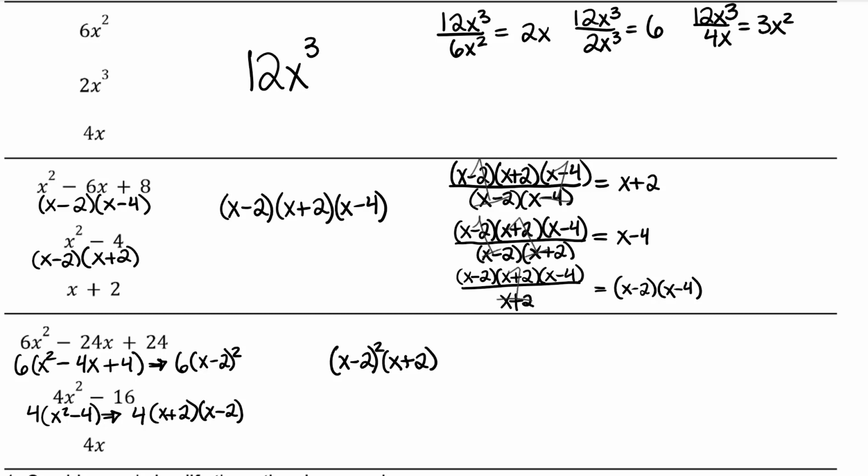Our third term is 4x, so we need something that 4x goes into. Well, I could say 4x, but oh wait, we have a 6 as a GCF of the first expression. So we can't just put 4x, we need a number that 6 and 4 both go into. So 12x. The x will take into account the x in the 4x, and 12 is the least common multiple of 6, 4, and 4.